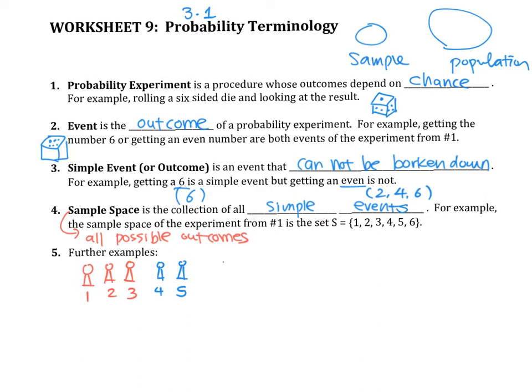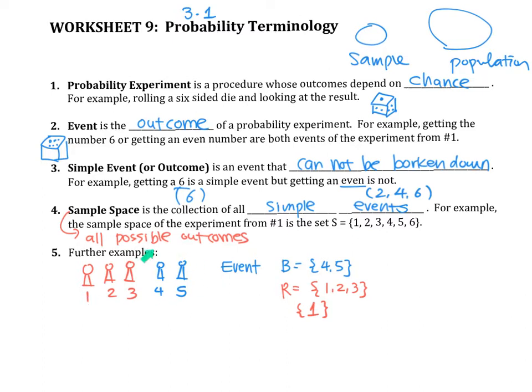So a possible event could be picking a blue student. Possible event could be picking a red student. That includes 1, 2, or 3. Or a possible event could be just picking one student in particular at random, right? So it's kind of like a sampling.